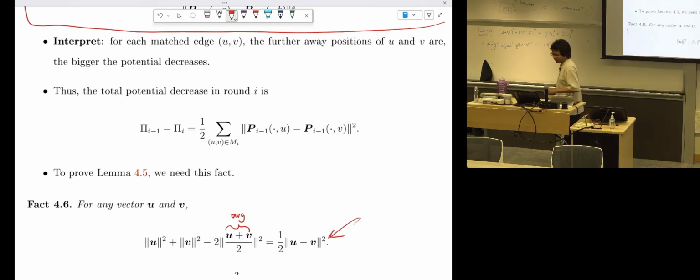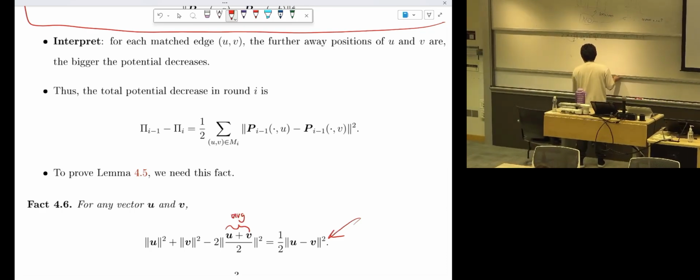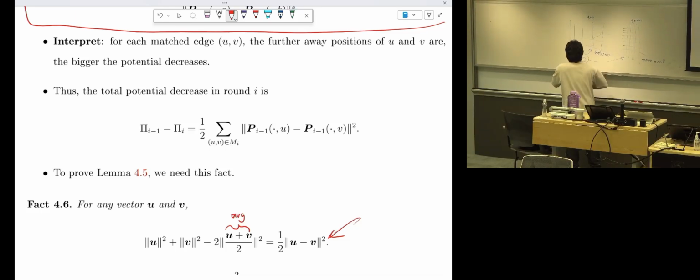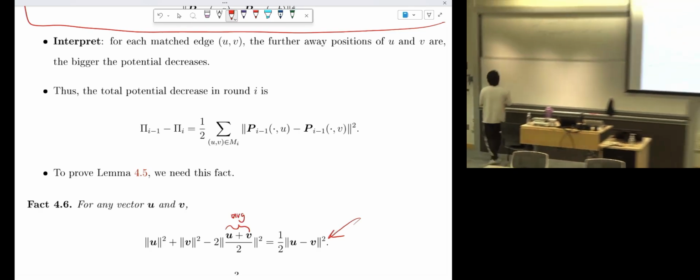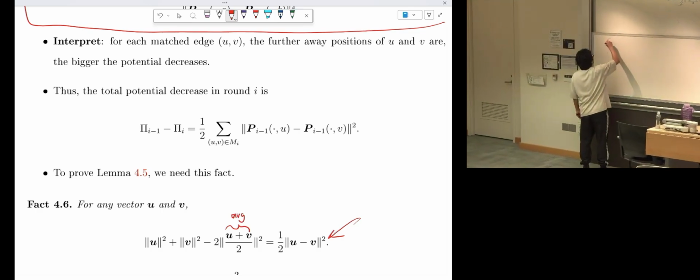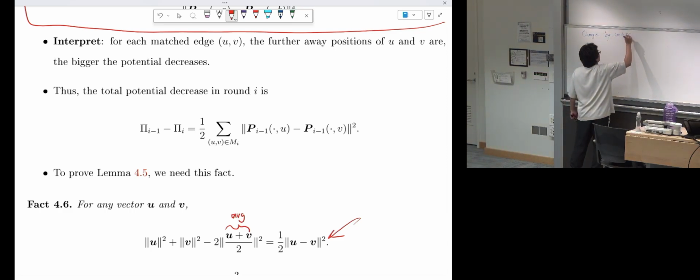So let's see how the potential changes when you change by the matching edge A and B in M_i.